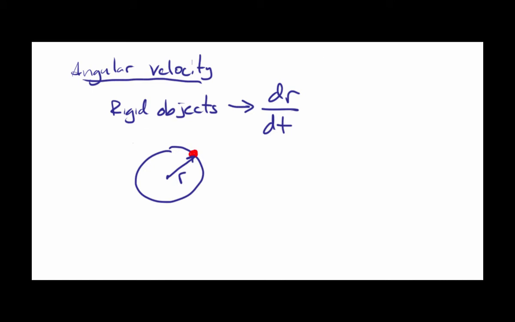If this object is rigid, we can certainly allow this ball to be rotating around the axis of rotation like so. But if this is a rigid object, how does this r value, the distance of the object from the axis of rotation, how does that change with time?